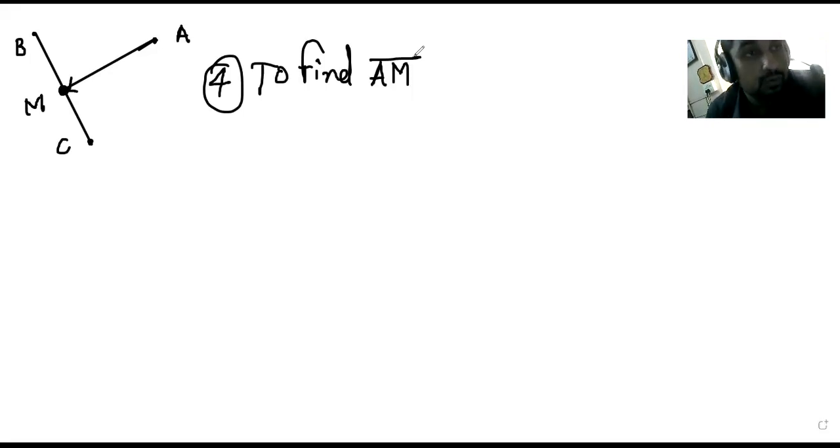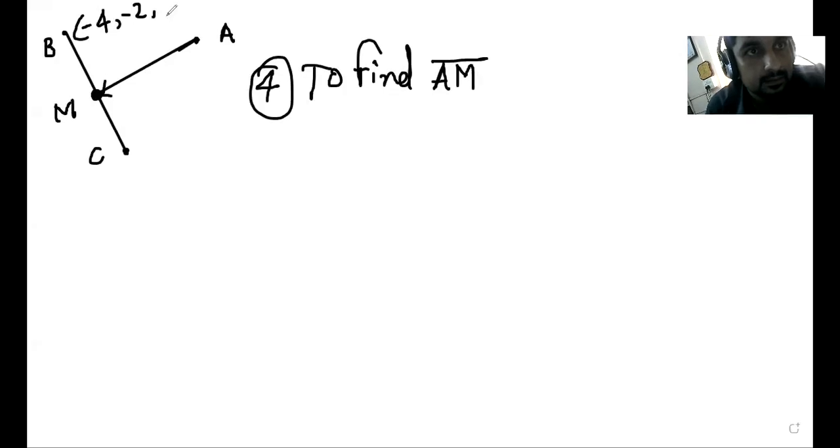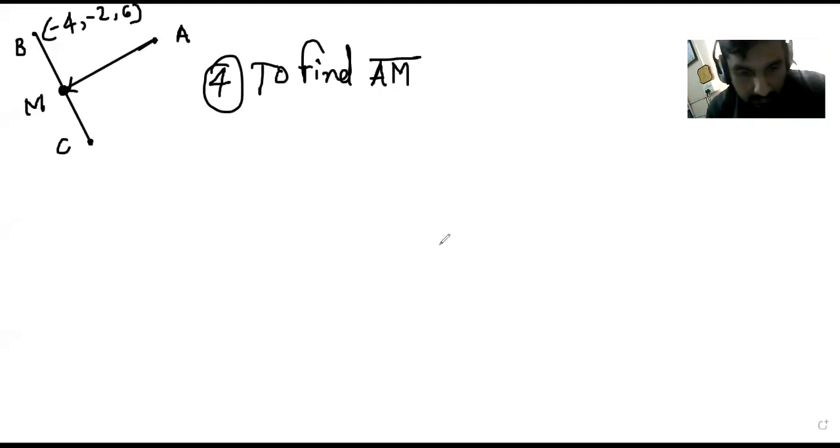For that, we have to consider those 2 points. B is nothing but -4, -2, 6. These are the coordinates of point B. And coordinates of C are 1, 5, -3.